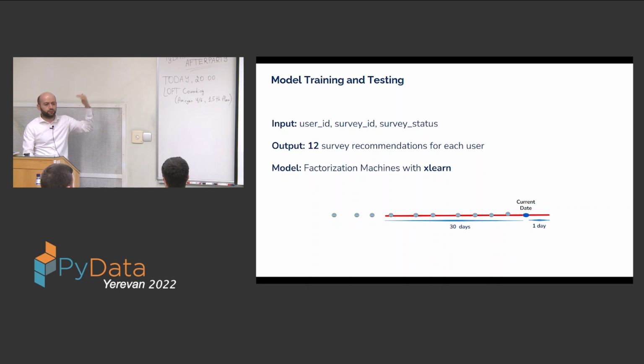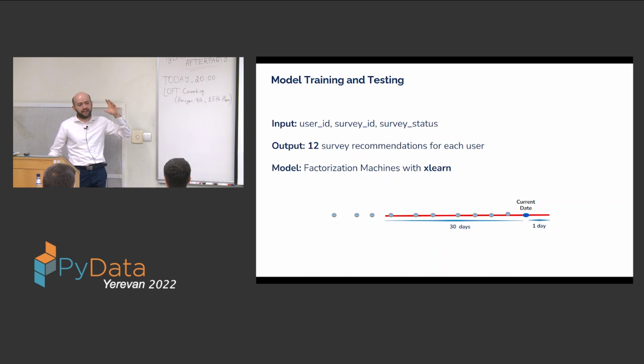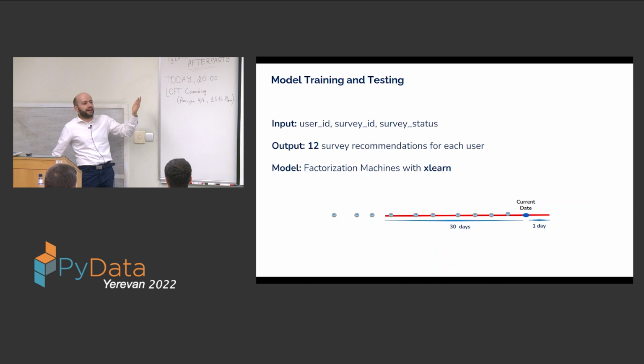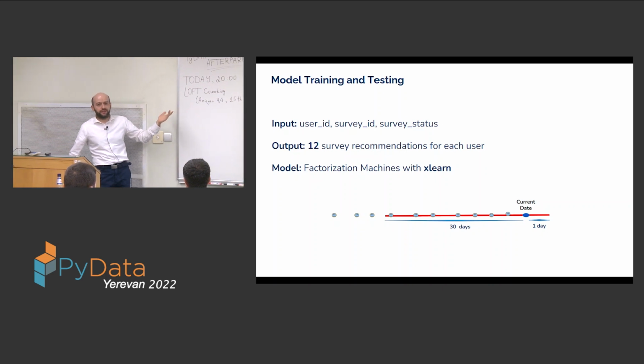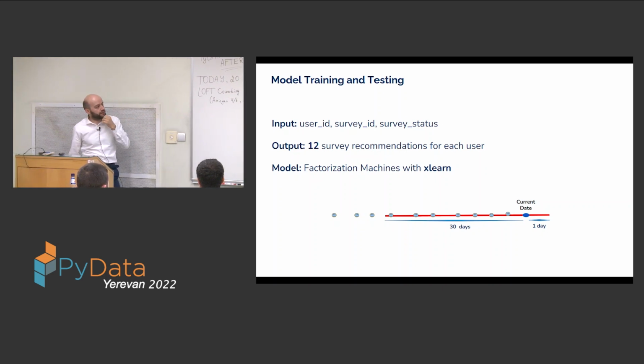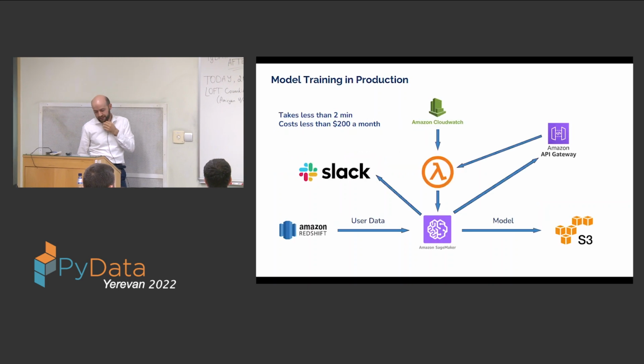Based on that, we are sorting surveys for 1 user. Let's say 1 user can have 100 surveys, or in this case, we do 12 recommendations. And we are comparing precision at K, how many of the predictions were correct. And we were increasing the conversion rate. The conversion rate shows out of 100 attempts, how many will be successful. We have seen that we increased the conversion rate a lot.